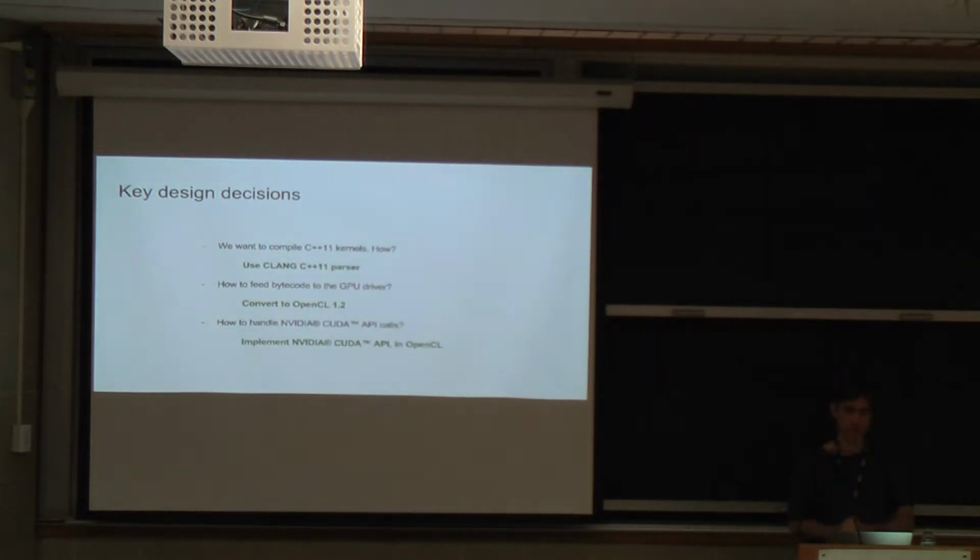And then, the next question is how to feed the bytecode to the GPU driver. So there's a few options here. The SYCL guys are going with SPIR 1.2 and then SPIR-V. That has the downside that it's not ubiquitous. Because, for example, my Mac cannot ingest SPIR of any sort, as far as I know. So I decided to go with OpenCL 1.2, which is very widely available.